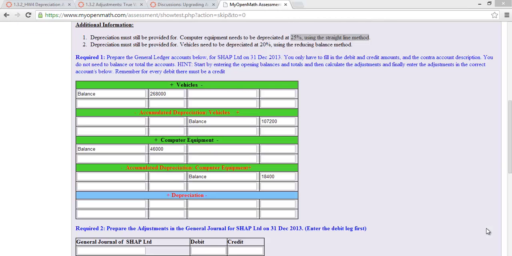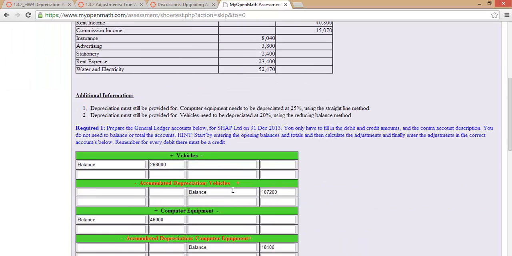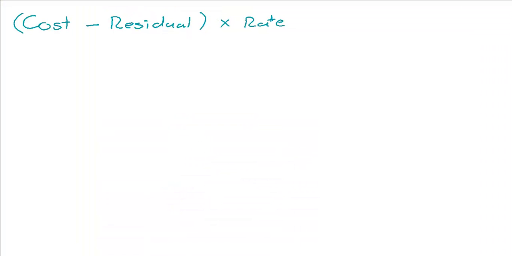So the cost price in this example is, let's just have a look here, depreciation for computer equipment needs to be depreciated 25%. Computer cost price is 46,000 Rand. There it is, and we've also filled it in there in the opening balance. They did not give us any residual value for computer equipment, so we can assume that to be 0, and the rate is 25%.